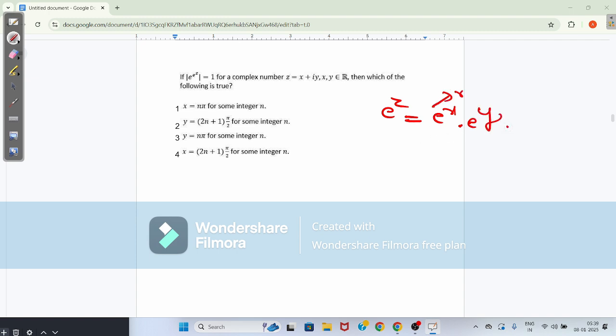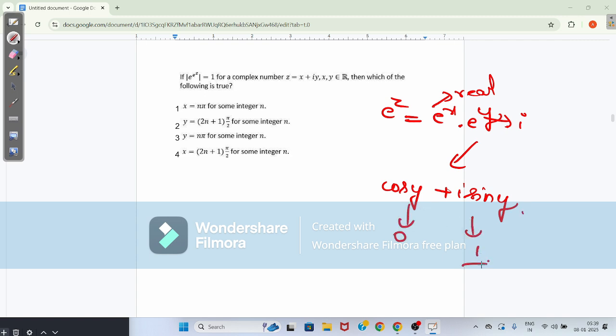This is the real term, this is the imaginary term here. So for this, calculate the value cos y plus i sin y here. So this value is 0 and this value is 1 here. This value becomes 0 if and only if y is equal to (2n plus 1) pi by 2. Okay, so this is the correct option here.